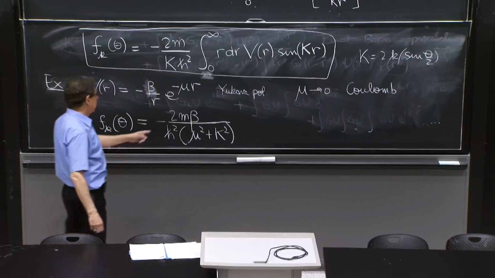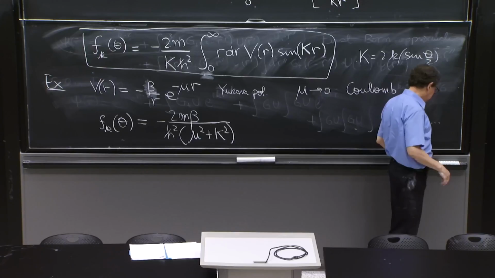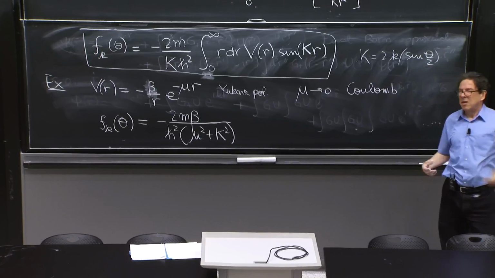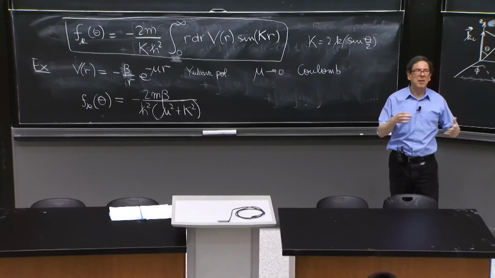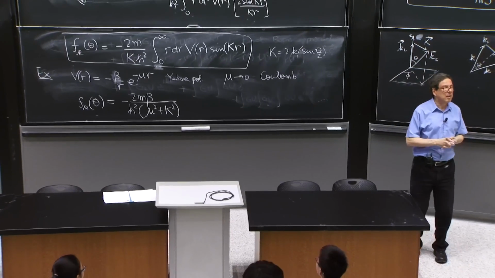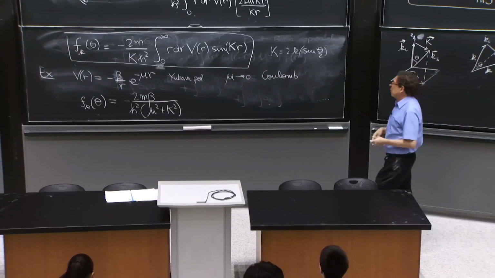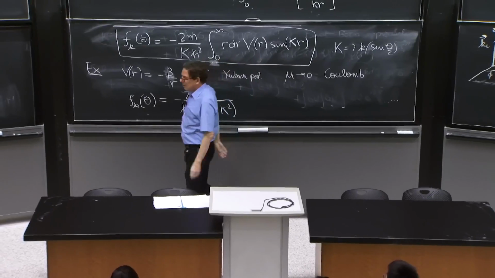And K squared would be this quantity. So there's a theta dependence, and you can look at this formula, compare with the Coulomb case, take limits, plot it. It's kind of interesting. So it's easily done, and you can play with many potentials.